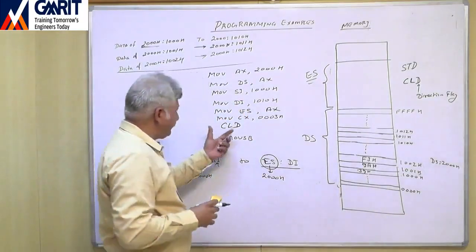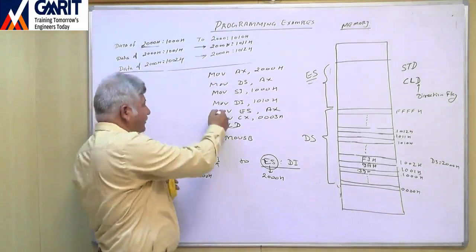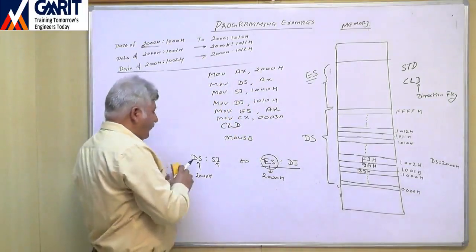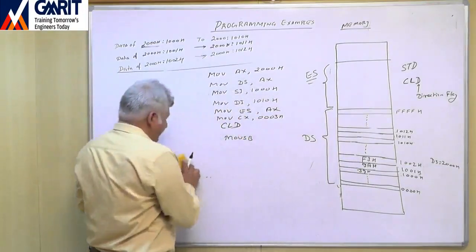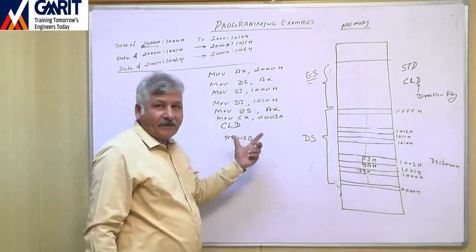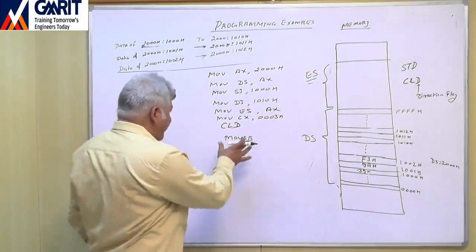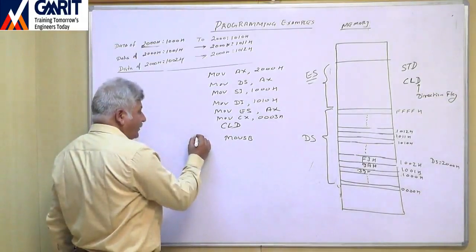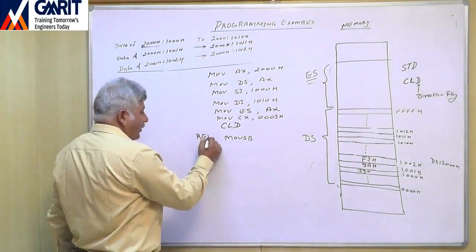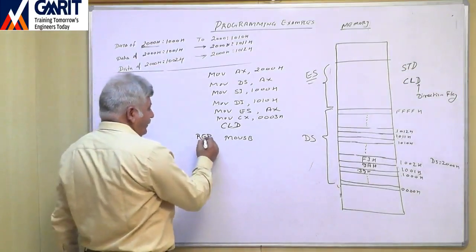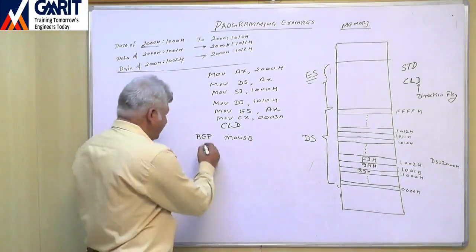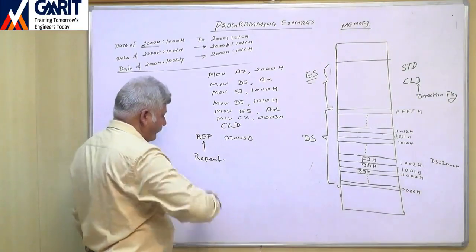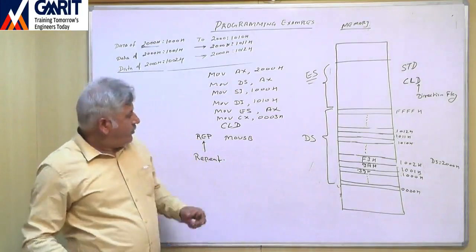All these instructions are initialization instructions. We have initialized the things. Now after this, we have written move string byte. And with this instruction, I will use one prefix, that is REP, repeat.